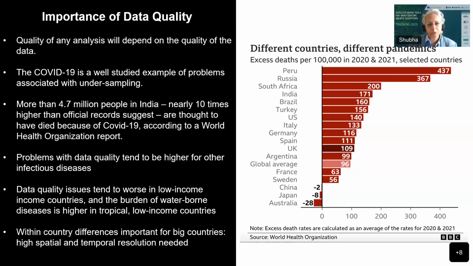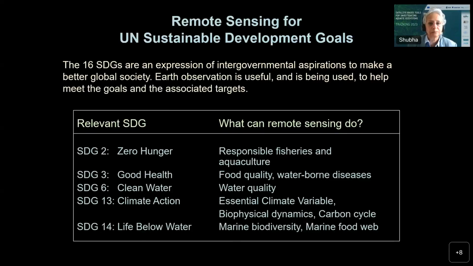And data quality issues tend to be worse in low-income countries. And those are the countries where the burden of waterborne diseases are higher. And within country differences are also important. So we need highly spatially and temporally resolved data for some of these analyses to bear fruit.